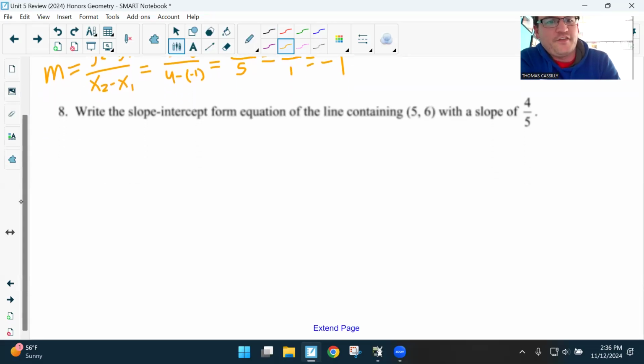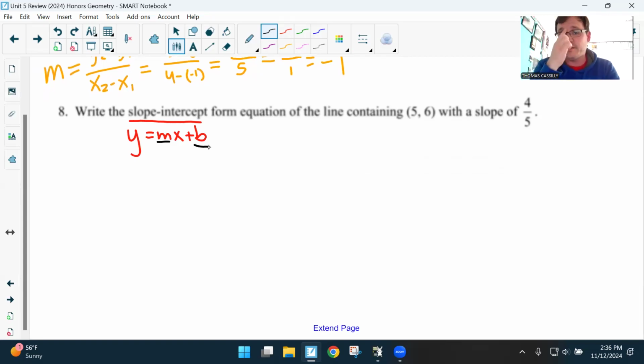All right, write the slope-intercept form. Slope-intercept form is y equals mx plus b. So m represents the slope, b represents the intercept. That's why we call it the slope-intercept form. Now, do they give us the slope? Well, yes, they do. The slope is 4/5.